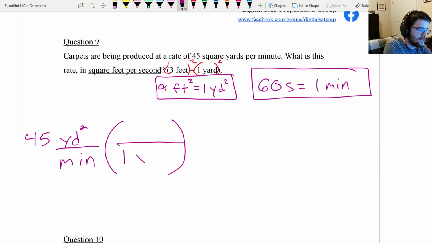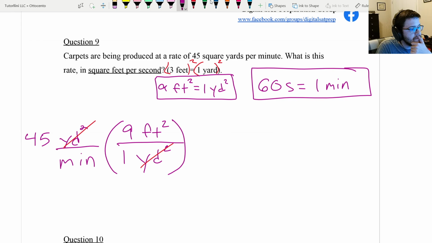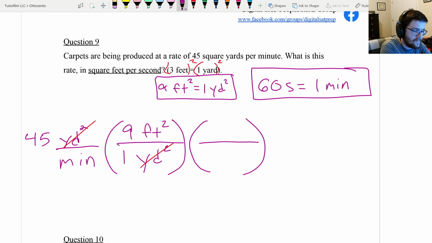So 1 yard squared is going to go on the bottom, and 9 feet squared is going to go on the top. And yard squared is on opposite sides of the division sign, so it cancels. And now we have feet squared per minute, but we don't want feet squared per minute. We want feet squared per second. So we're going to make another one and kind of convert the time from across the way.